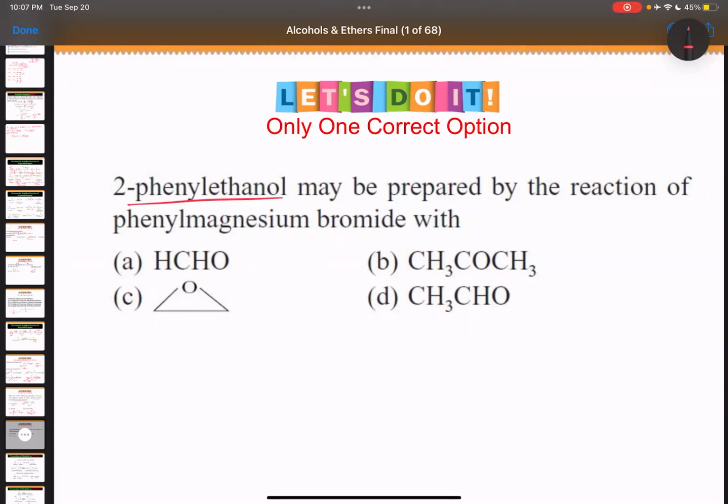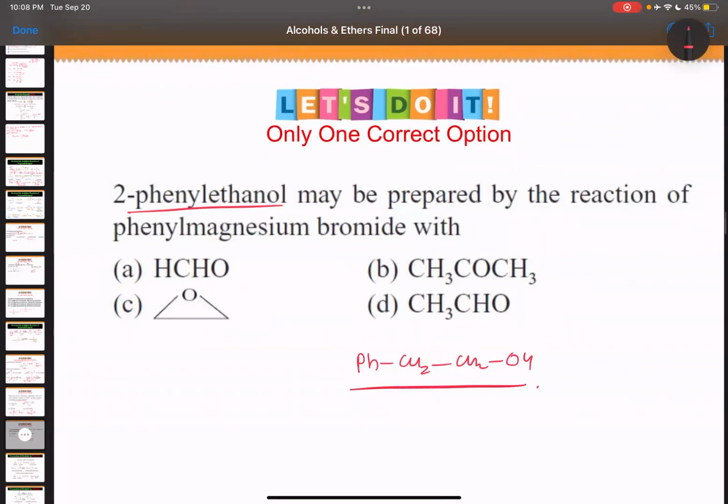What is 2-phenylethanol? Is it clear? Yes, sir. Tell me, what's going to be the answer? Sir, the fourth option.